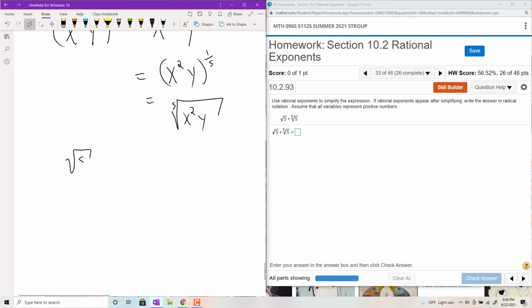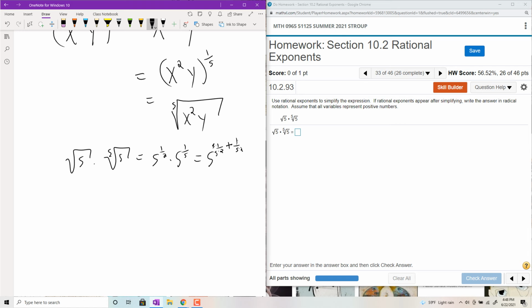Okay, so square root of 5 times the 5th root of 5. So this is 5 to the 1/2 times 5 to the 1/5. Common denominator, and then add the exponents. They have a like base, but I have to find a common denominator in the exponent. Okay, so this, I need to multiply top and bottom by 5.